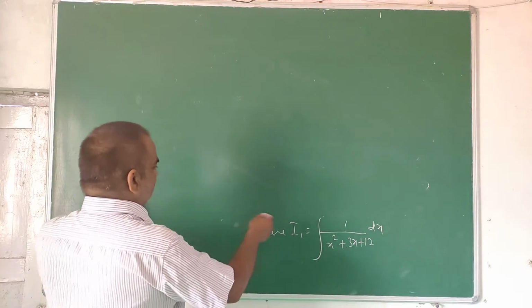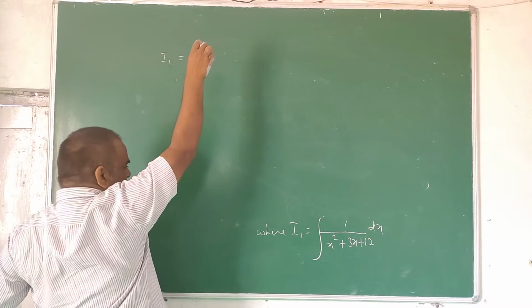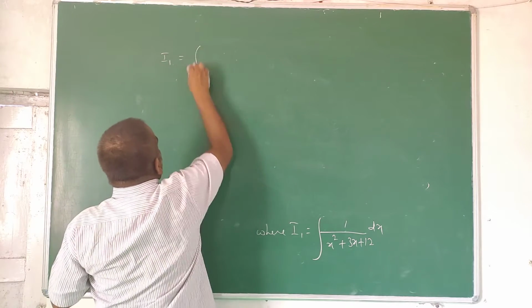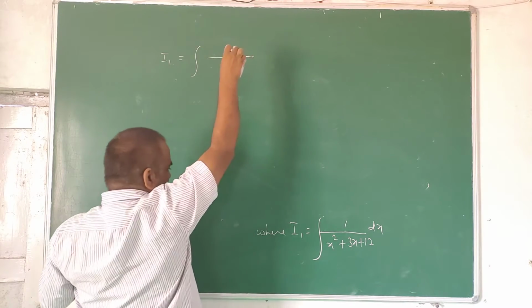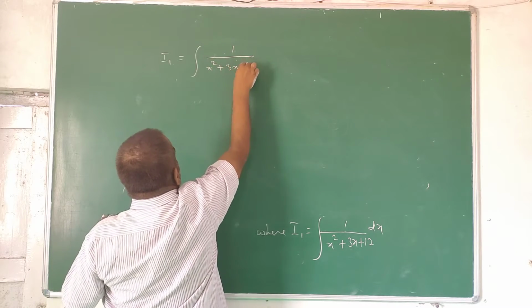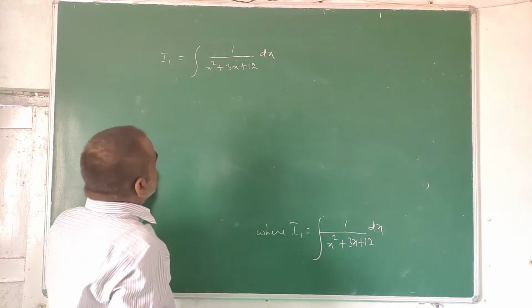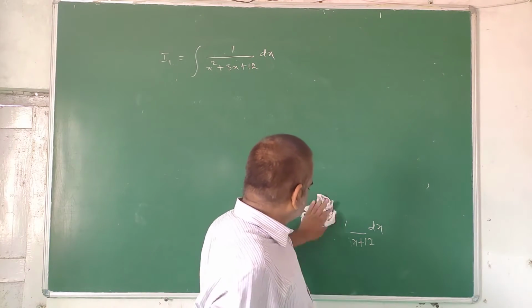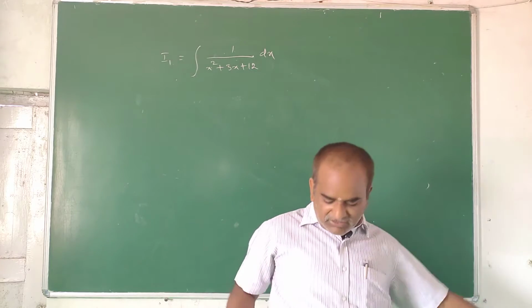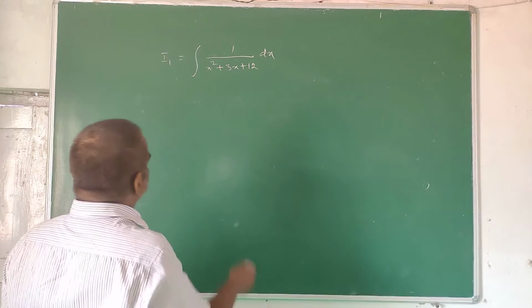So now let us evaluate this I1. I1 is equal integral 1 by x square plus 3x plus 12 dx. So this evaluation is a well-known procedure for you.